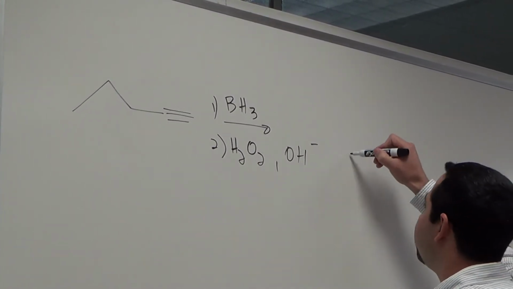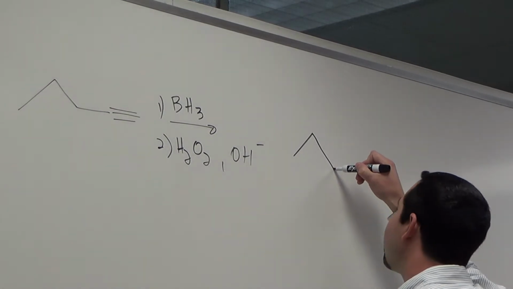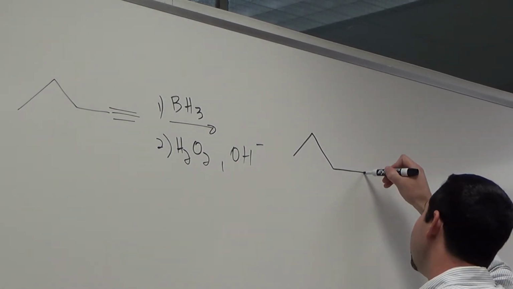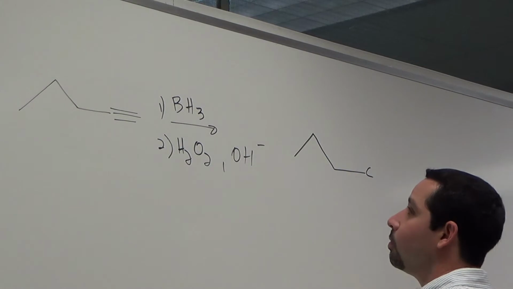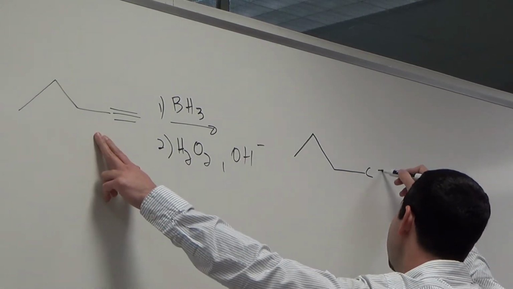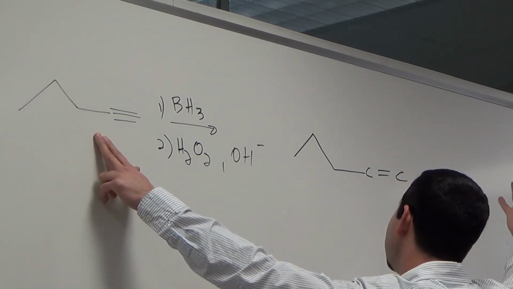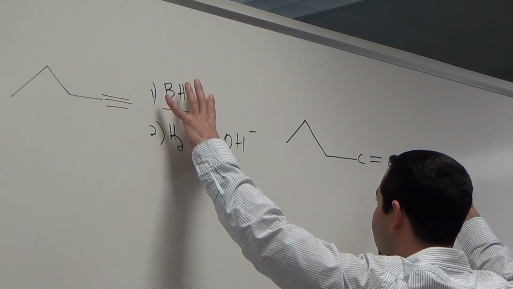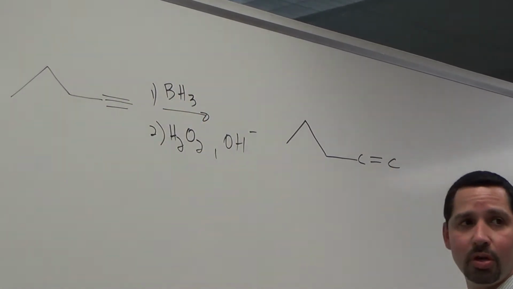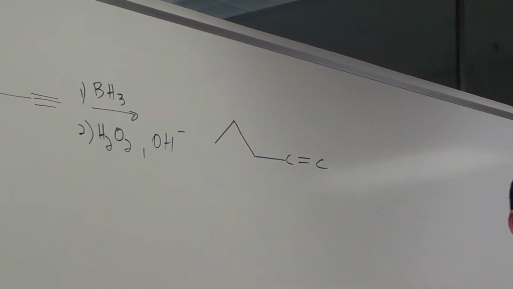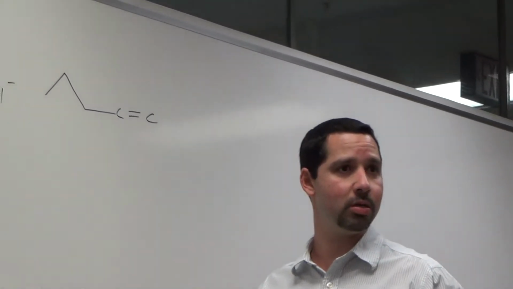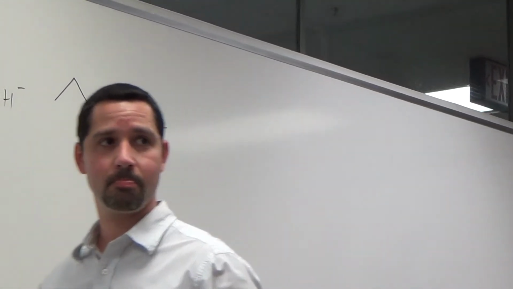What is the product of this reaction? What is the product of hydroboration oxidation? For alkenes, it gives you an alcohol.